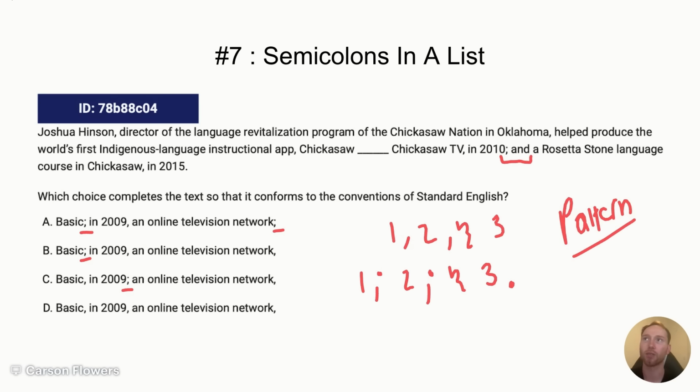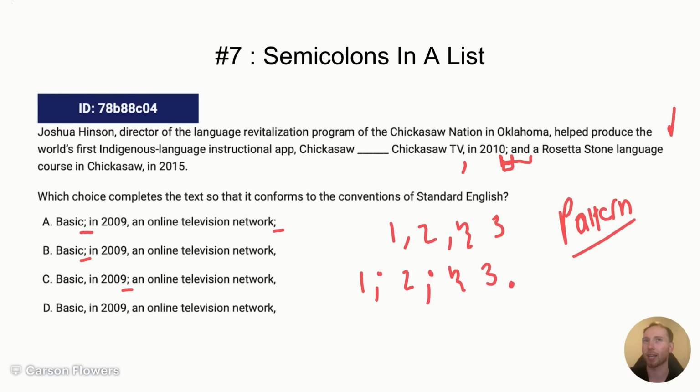Josh Hinson, a director of the Language Revitalization Program of the Chickasaw Nation in Oklahoma, helped produce the world's first indigenous language instructional app, Chickasaw Basic, Chickasaw, in 2010, semicolon. So I see that the semicolon comes after the year, and that right before the year comes a comma. That's telling me a bit of the list.